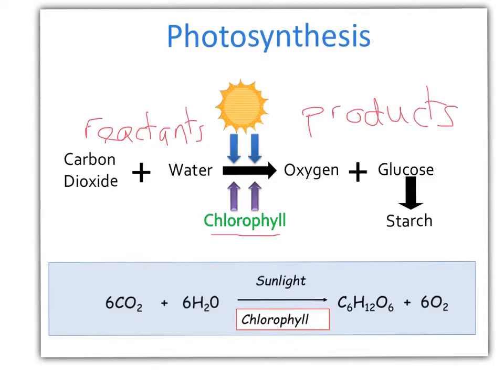Now, some of this glucose is used by the plant, and we'll come into where it might be used in a second, and some of it is converted into starch for storage, because starch is insoluble.